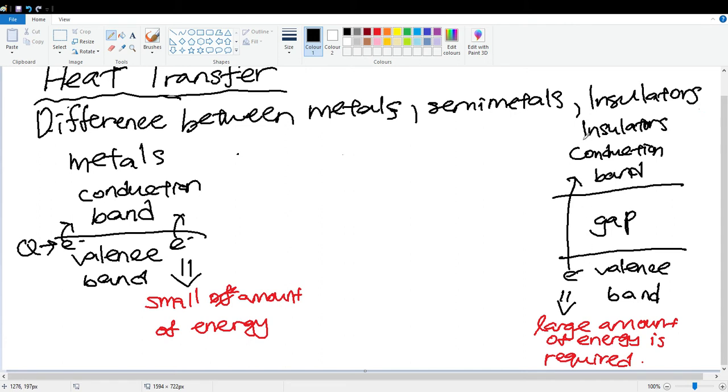This is why we said the insulator has negligible free moving electrons, since the electron is quite difficult to jump from the valence band to the conduction band. Okay, as for the semi-metals, of course, semi-metals, and I believe this one should have a dash here.